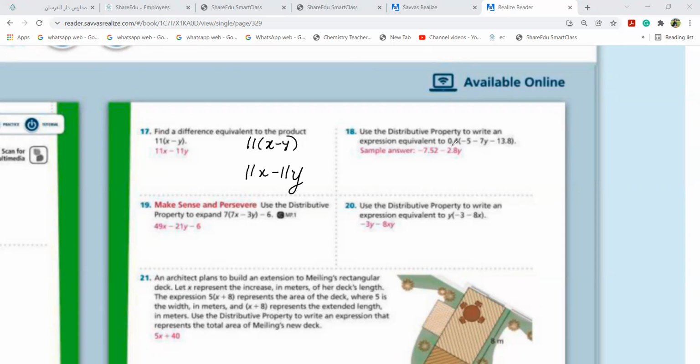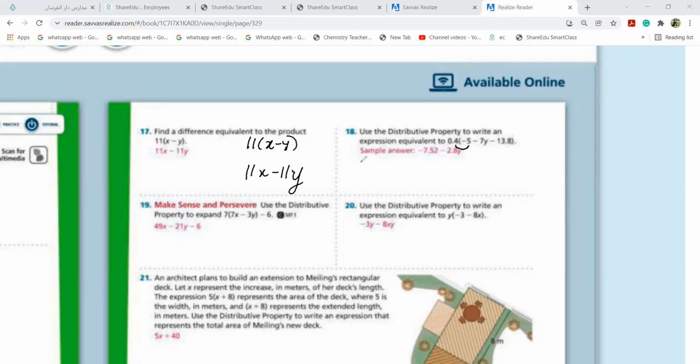Yalla Malak. Yes, Miss. Do question 18 with me. Multiply 0.4 by minus 5 and tell me the answer. The others, please check. Check 0.4 multiplied by minus 5.